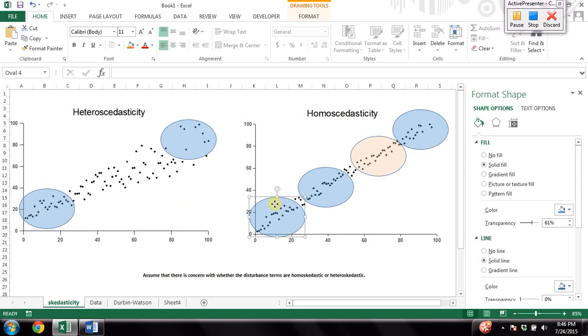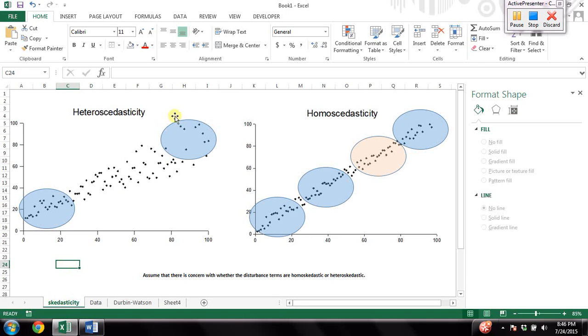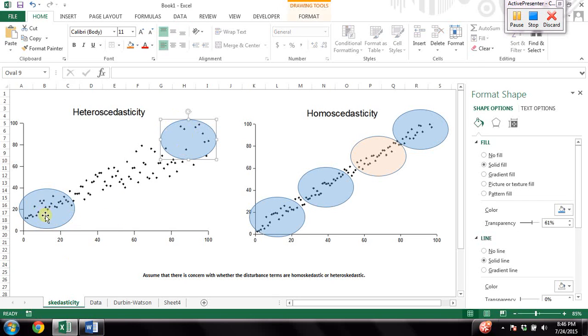These two seem pretty similar, the data inside. Now let's look at this circle and compare it to this circle. The data inside of this circle is pretty far apart. There are no data points right next to each other like this circle. The variance for these subgroups is pretty different.